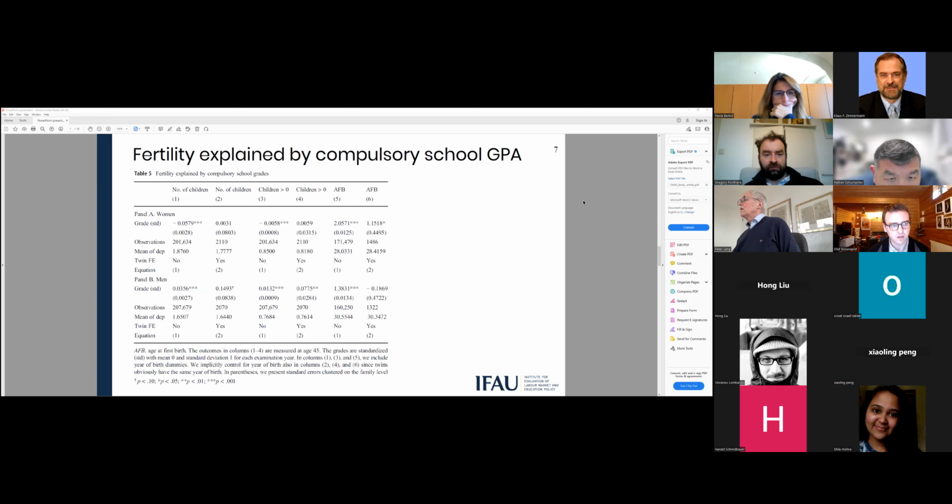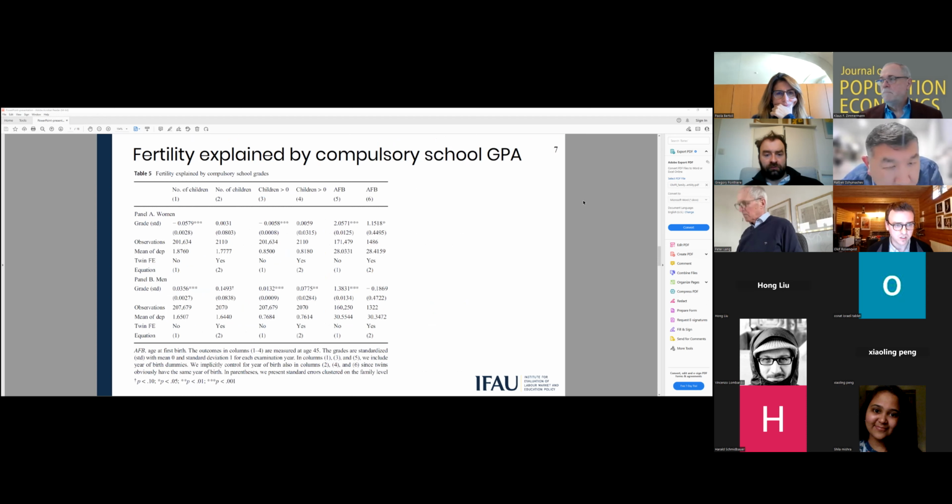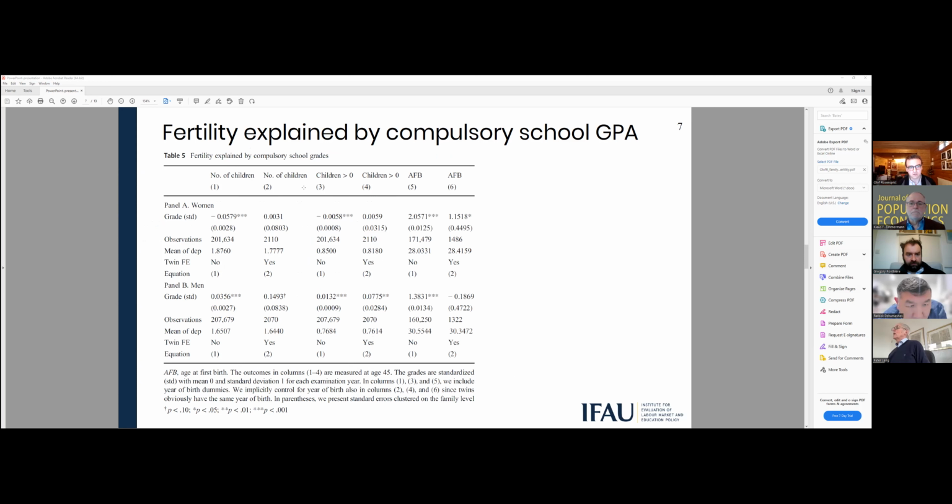Again, looking at women in column 1, we see a clear negative relationship between the grade, the standardized grade, and fertility. When we use the within family association instead, this negative association disappears, and it's the same result for the number of children and for having children at all.